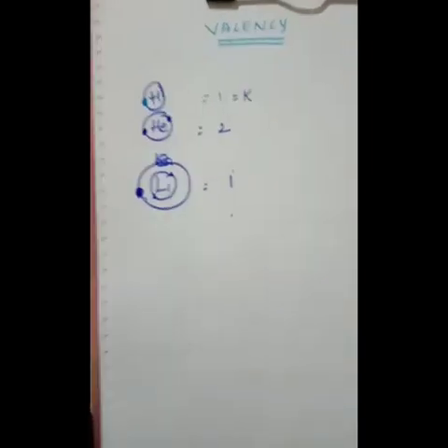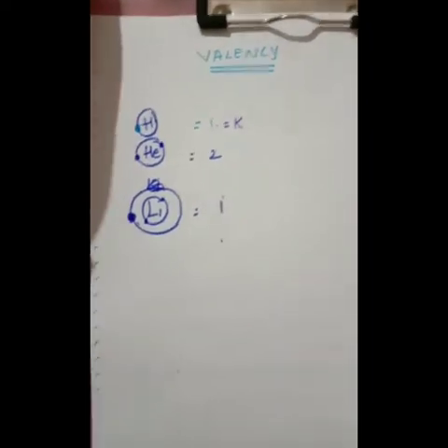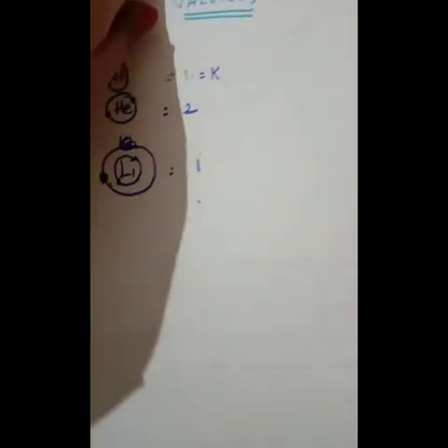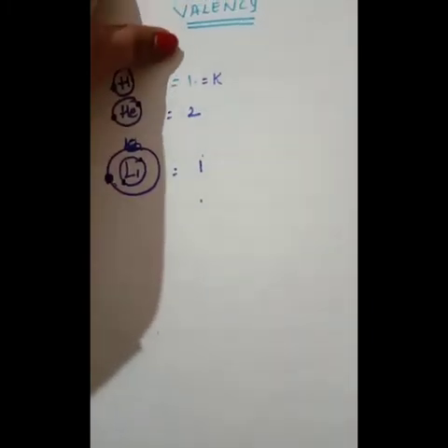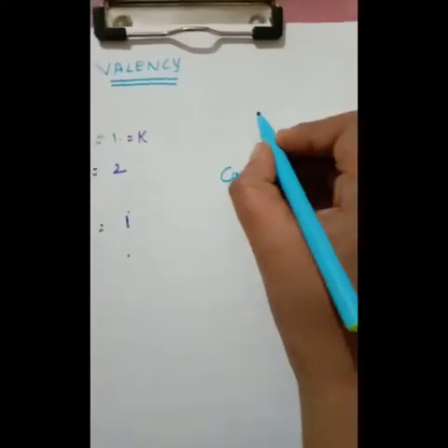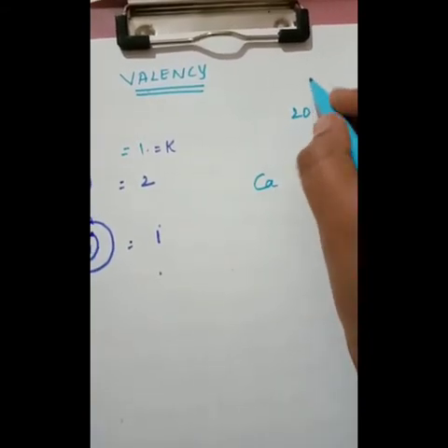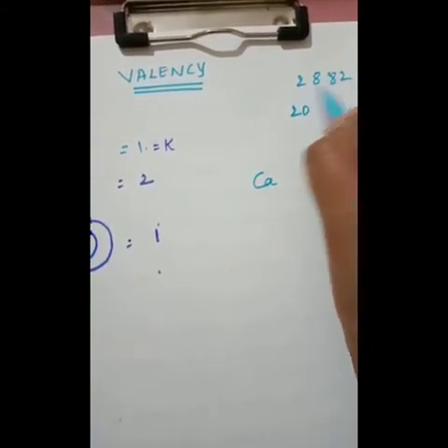From the Bohr and Bury scheme, we also know that the outermost shell of an atom can accommodate a maximum of only 8 electrons. Previously when I explained calcium, it is 20, that is 2, 8, 8 and 2.